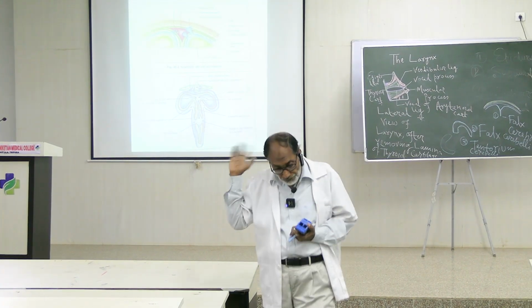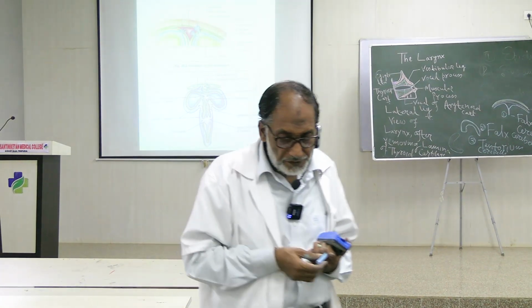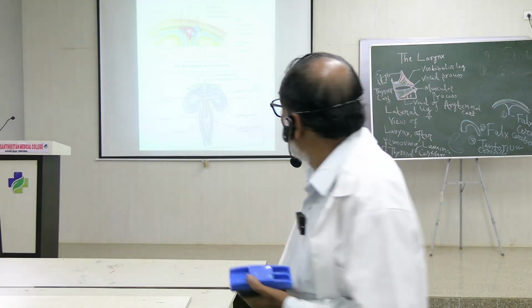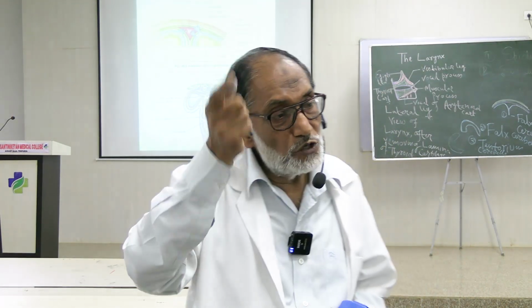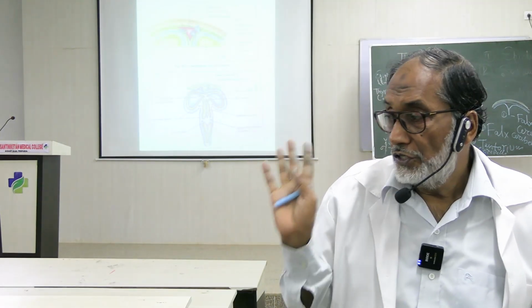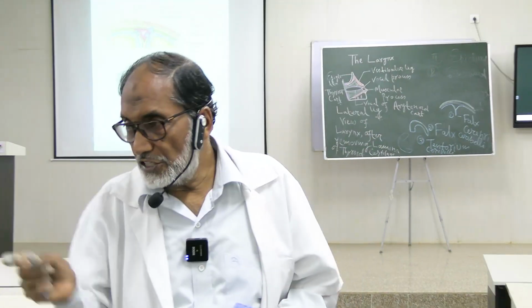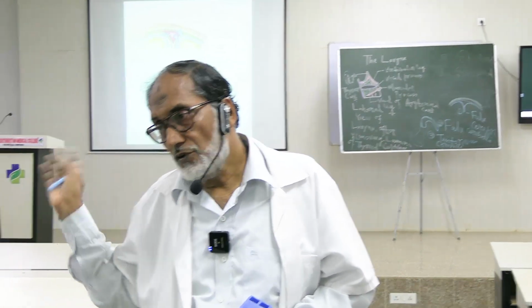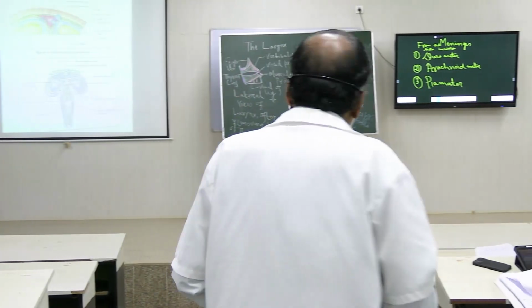Now apart from this subarachnoid space containing cerebrospinal fluid, what are the other contents? Blood vessels and nerves all lie within this subarachnoid space, right?